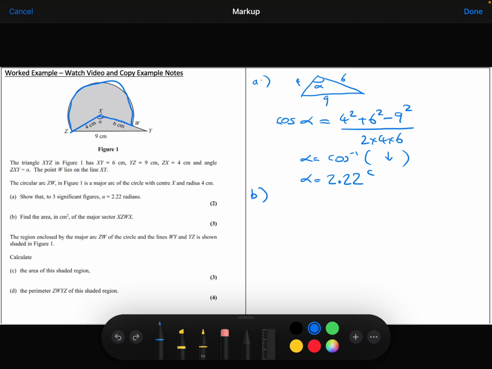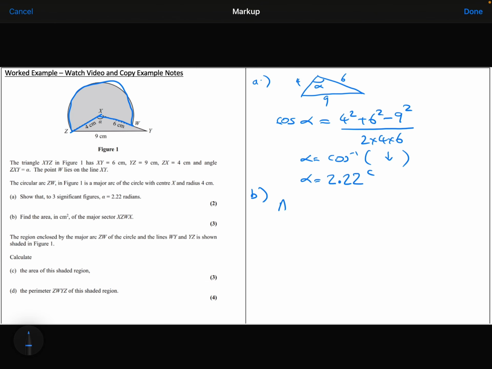Well, I know that the area of a sector, as long as I'm in radians, can be found by doing half r squared theta. In this case, I know that the radius of this sector is 4. Right, the angle is going to be whatever this angle is.